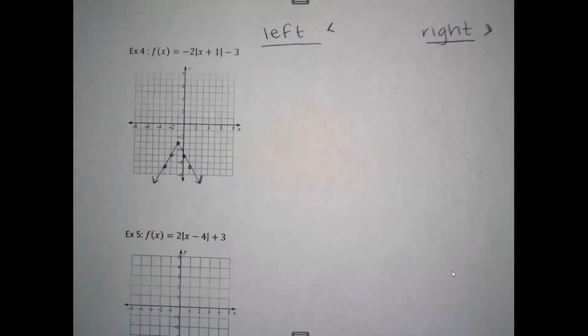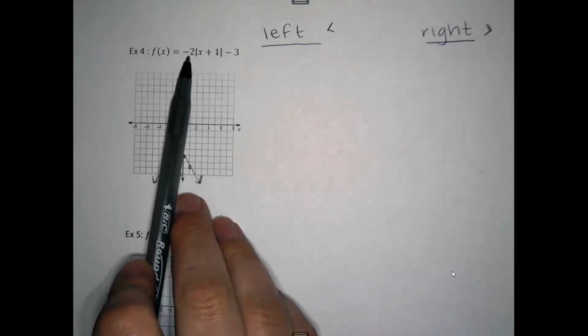All right. On the left side, we do the negative version of the number that's in the front. So what number do you see in the front? -2.